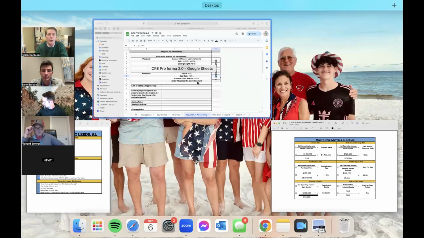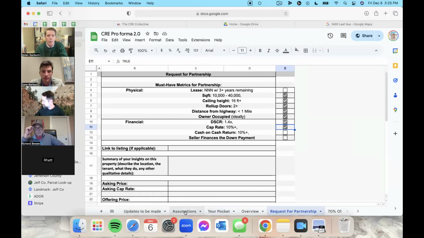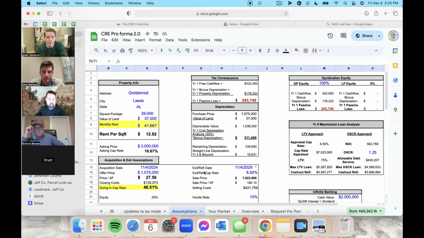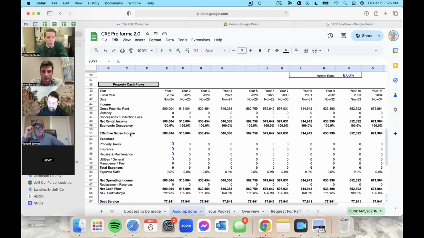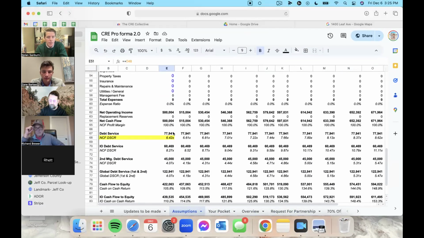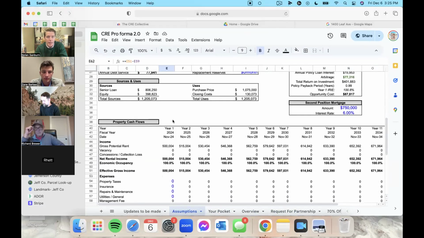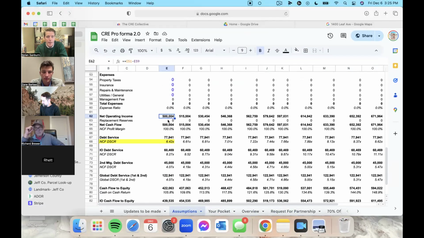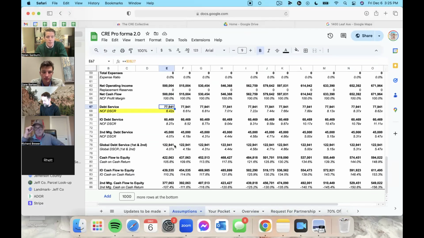So you guys can see on your own pro formas, look up here. Here's our gross income, net operating income, debt service, cash flow to equity. And this is our cash flow to equity.